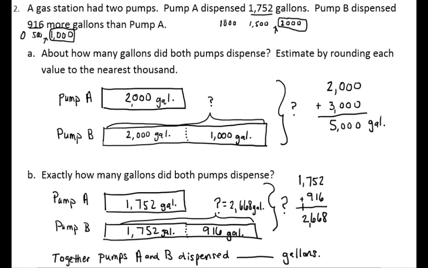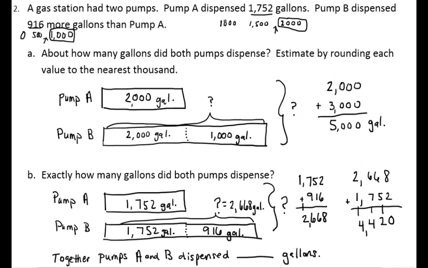We'll take that amount from pump B, 2,668, and we'll add it to pump A, which was 1,752. 8 ones plus 2 ones is 10 ones. 6 tens plus 5 tens is 11 tens, plus 1 more is 12 tens. 600 plus 700 is 1,300, plus 1 more is 1,400. 2,000 plus 1,000 plus 1,000 is 4,000.